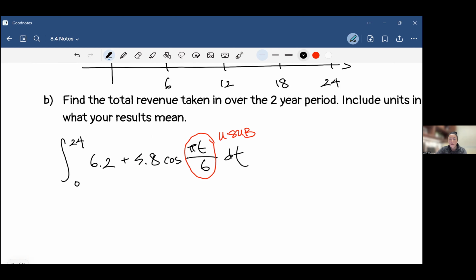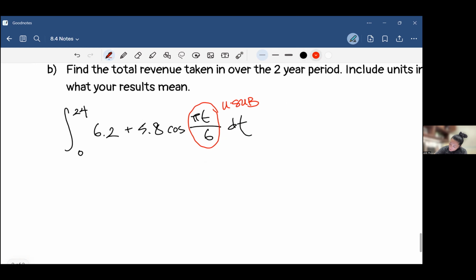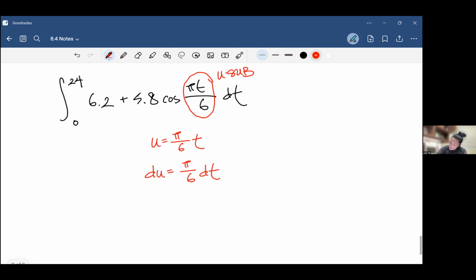So make sure you know how to find that integral using u sub. I'm going to let u equal pi over 6 t. Remember, that's another way of writing pi t over 6. And du is just going to be pi over 6 dt. Now I'm going to have to divide that over to the other side. So I'll get 6 over pi du goes everywhere I see a dt.